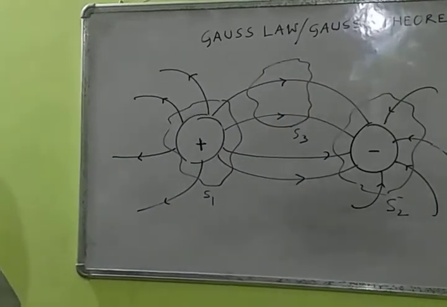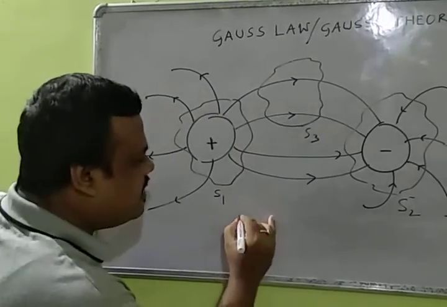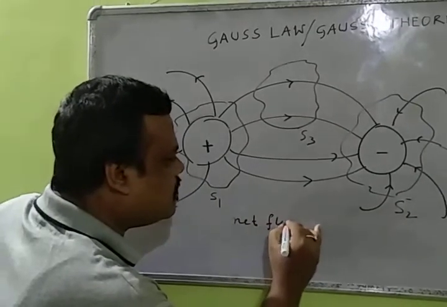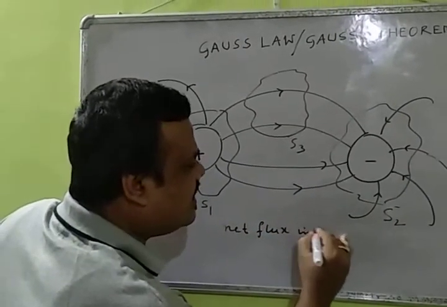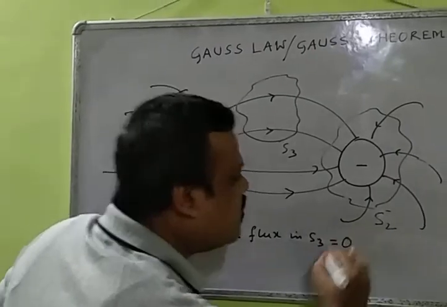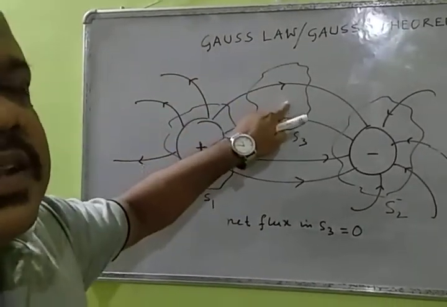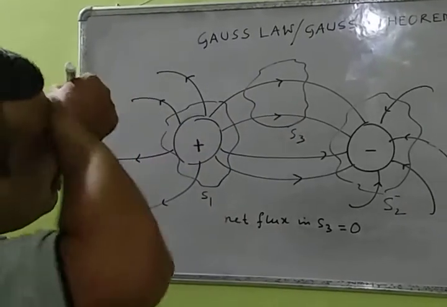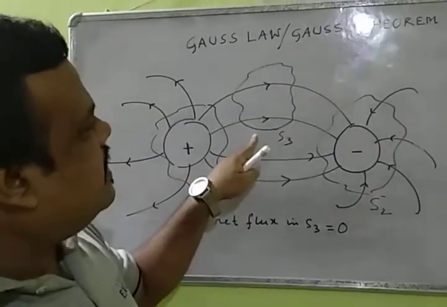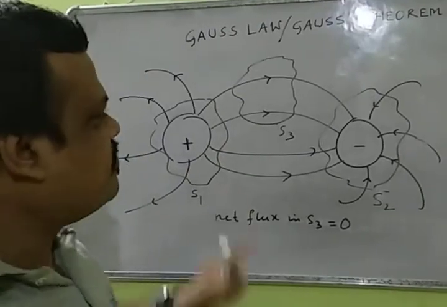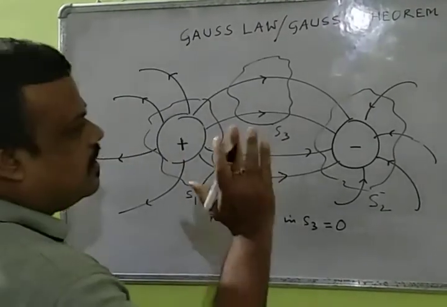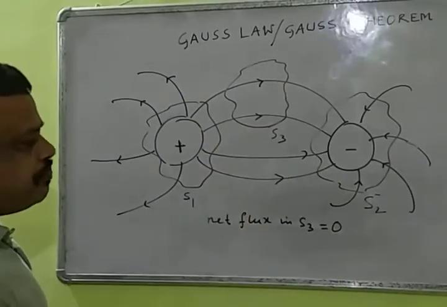The answer is no. So net flux in S3 is equal to 0 because there is no net charge in the surface. But how can we be satisfied that there is no flux? Yes, we can. There is an alternate way to understand this.